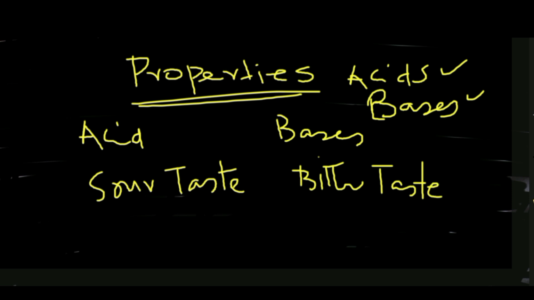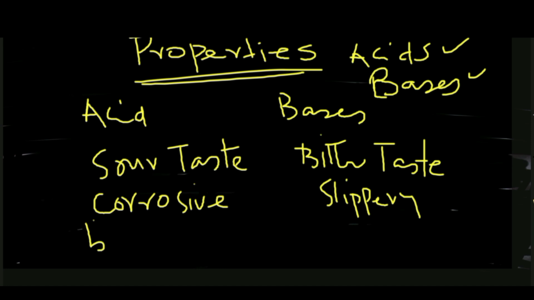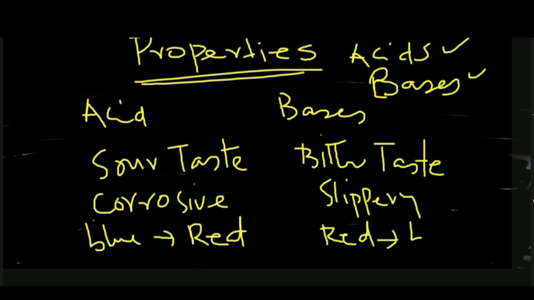Similarly, acids are corrosive in nature, while bases are slippery when touched. Acids turn blue litmus paper to red, while bases turn red litmus paper to blue.